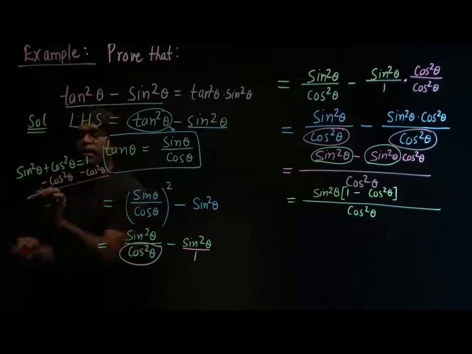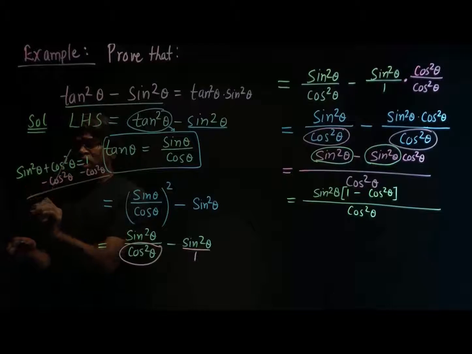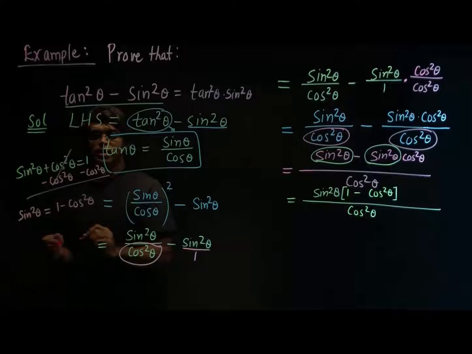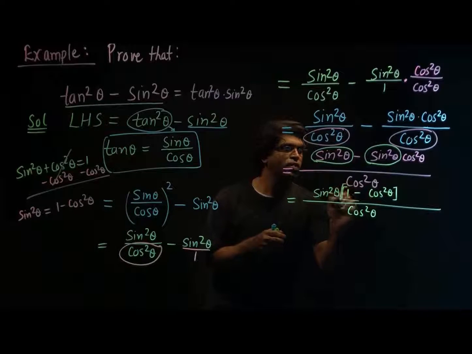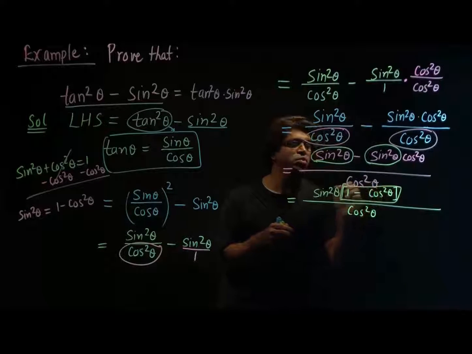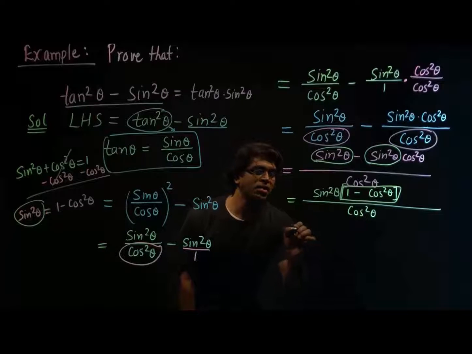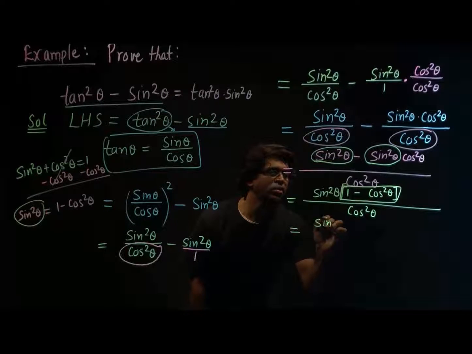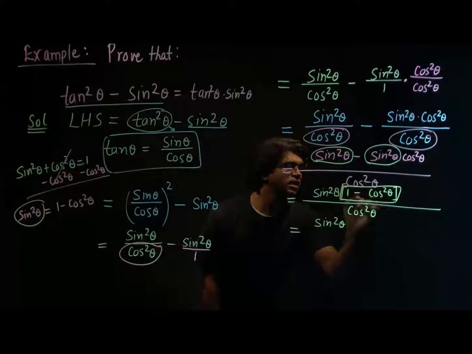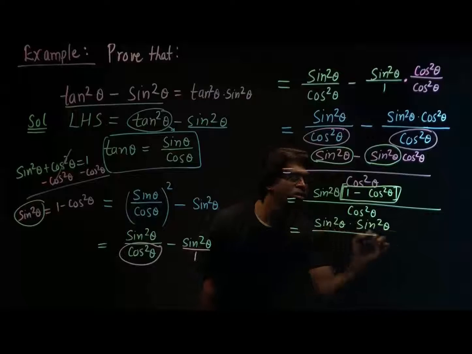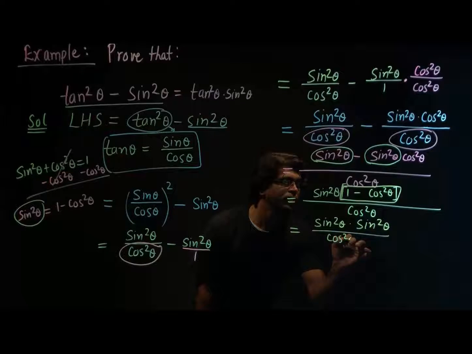If I do that, this cancels out, and on one side I have sine squared theta left, equal to 1 minus cosine squared theta. So for this thing right here, I can substitute sine squared theta. I can write this as sine squared theta, and inside the bracket is also sine squared theta over cosine squared theta.